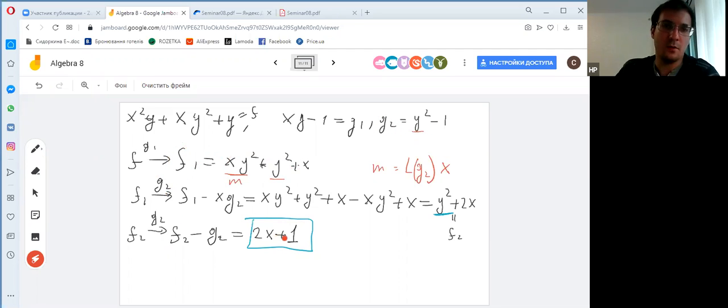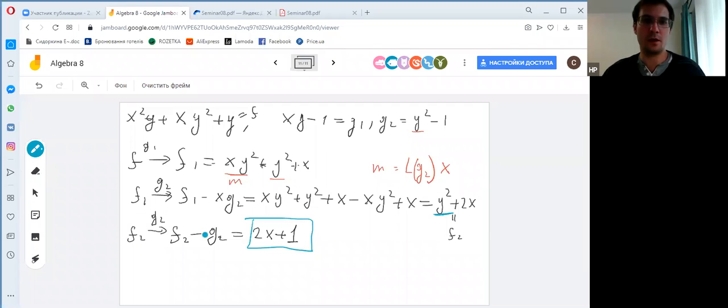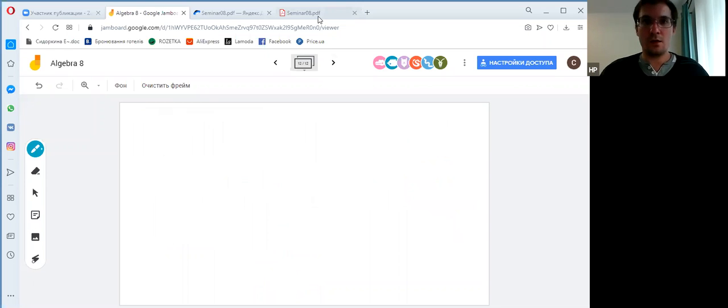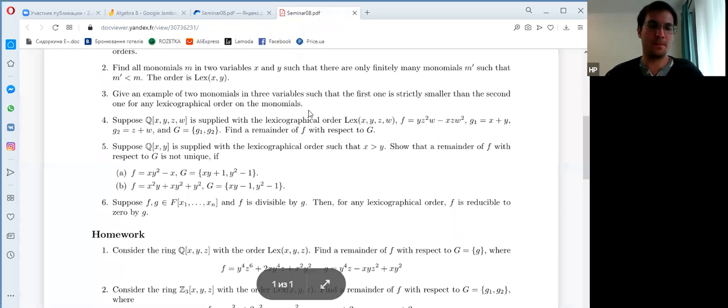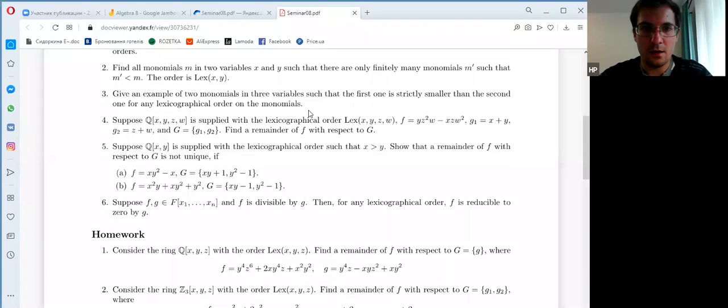So sometimes we have a polynomial f and we can reduce it in many ways, for example by g1, by g2, and maybe by g1 also, but using another term. It's possible.